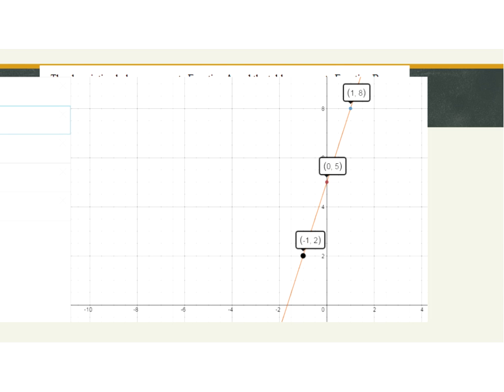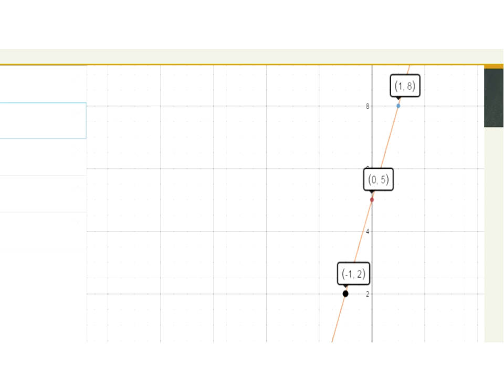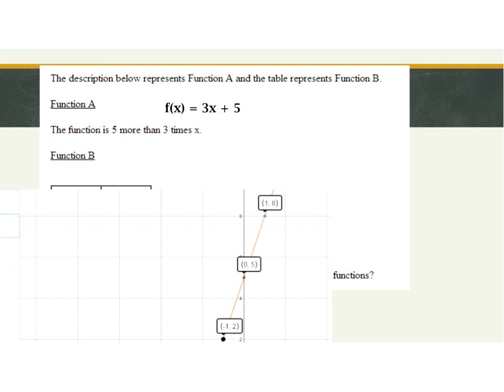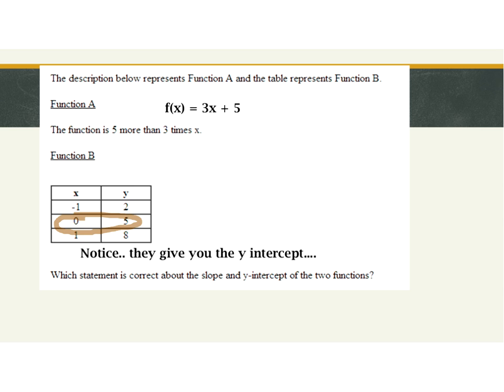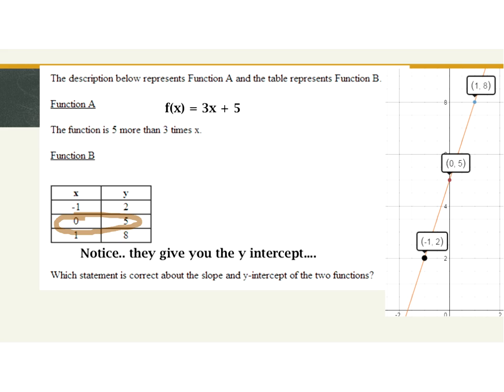Where did all these points show up? Did they all show up on the same line? They all showed up on the same line. That's why it's kind of important to graph, because you can actually see that.